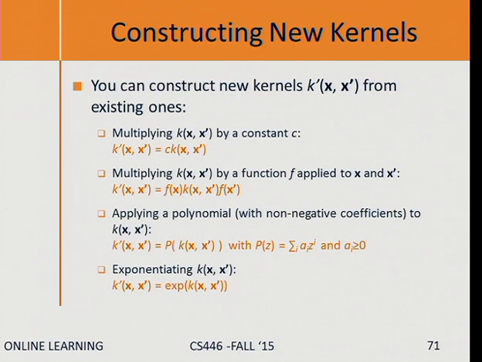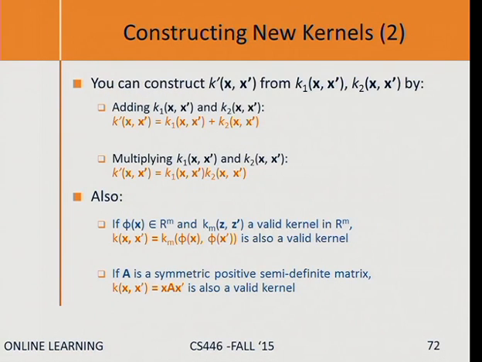If k is a kernel, I can multiply k by a function applied to x and to x prime, and it's also a kernel. If k is a kernel, a polynomial of k, where p is this polynomial, is also a kernel. And e to the kernel is also a kernel. And again, these are really simple manipulations that you can convince yourself of. Summing kernels is also a kernel. Multiplying kernels is also a kernel.